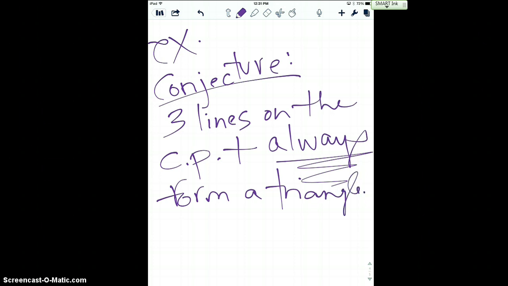Okay, so that's the conjecture. People are like, yeah, I did it 100 times. Every time the 3 lines formed a triangle. Well, can you come up with a counterexample to disprove this conjecture?